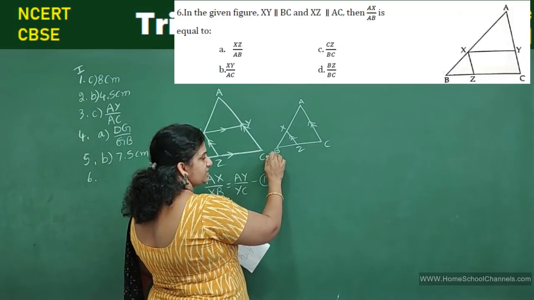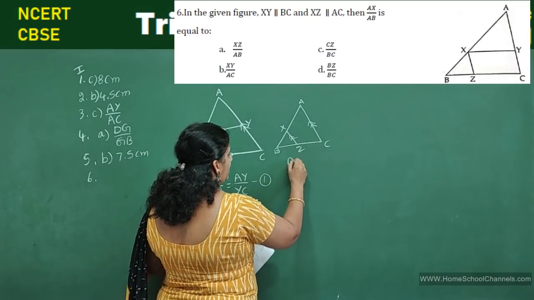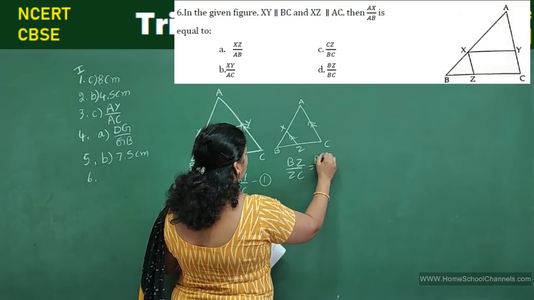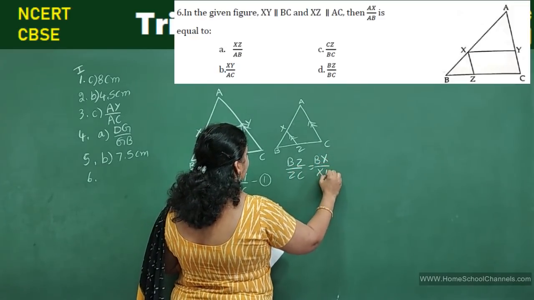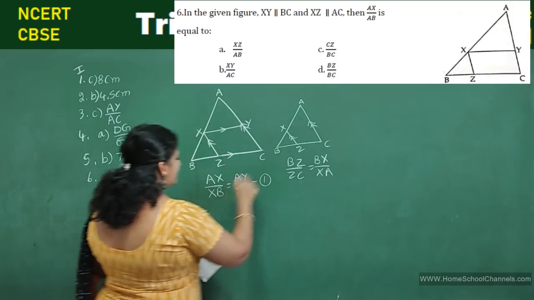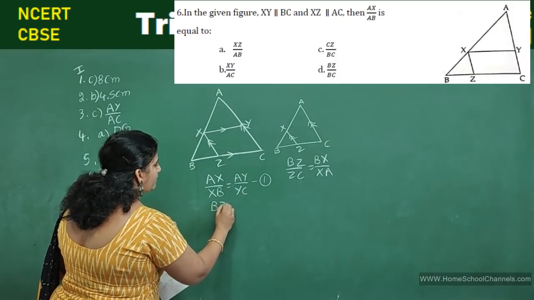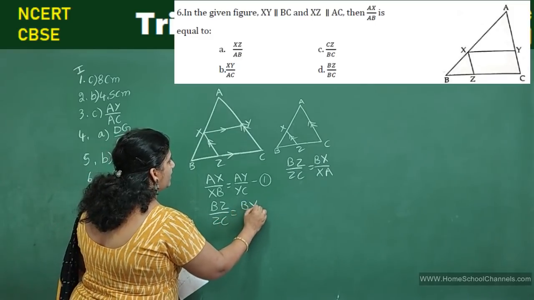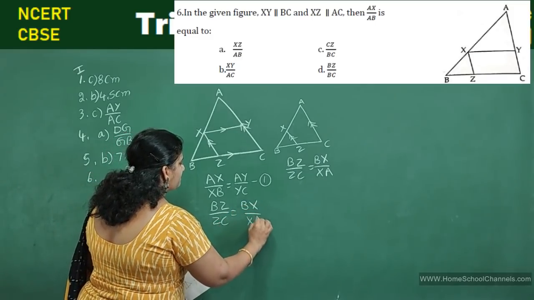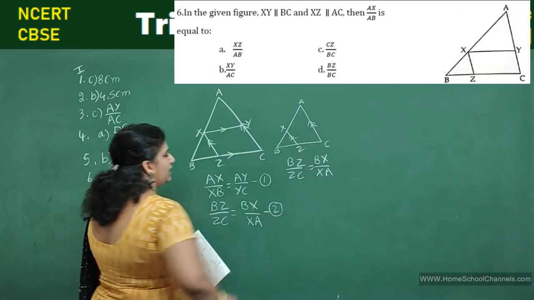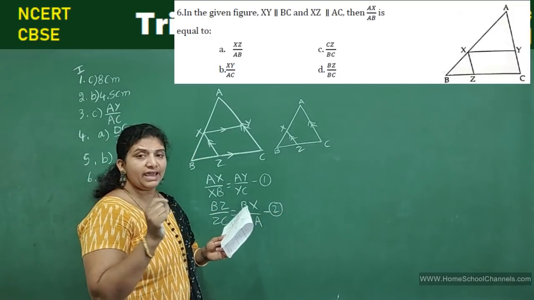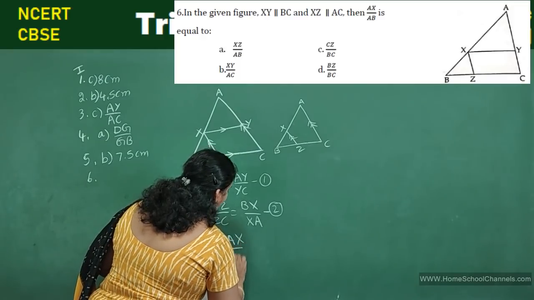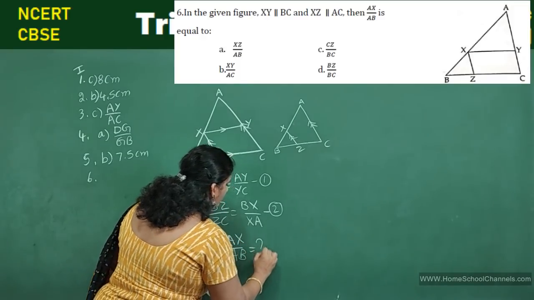B is the vertex. BZ by ZC is equal to BX by XA. Mark it as the second equation. Then AX by AB is your question.